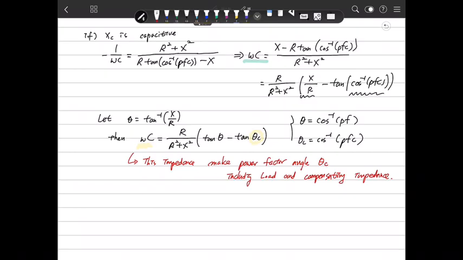So the power factor moves from cosine theta to cosine theta c. So the power factor changes from cosine theta to cosine theta c.